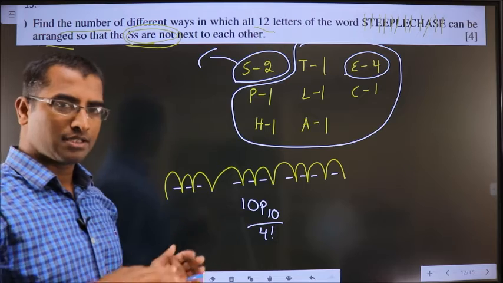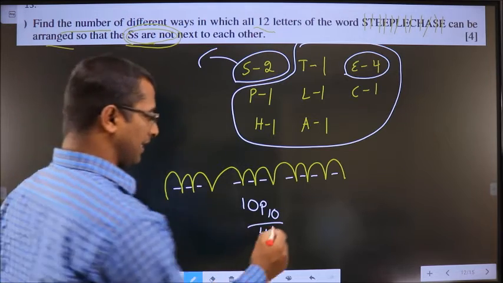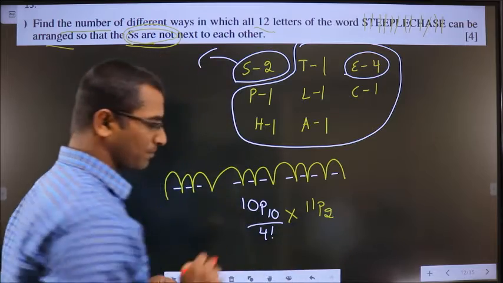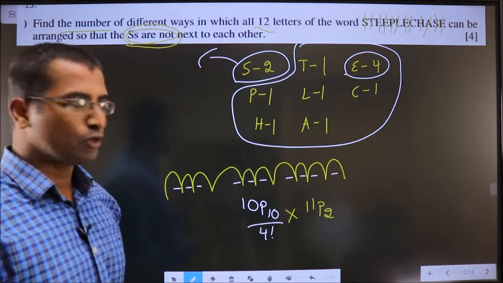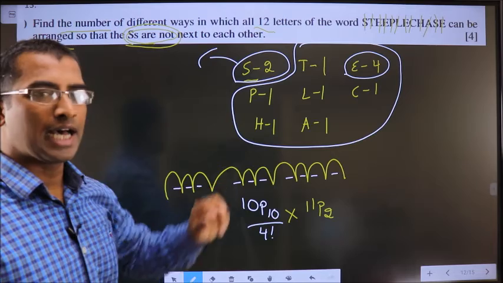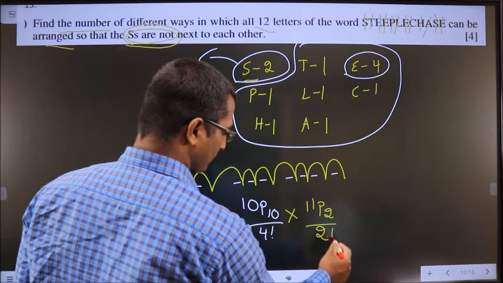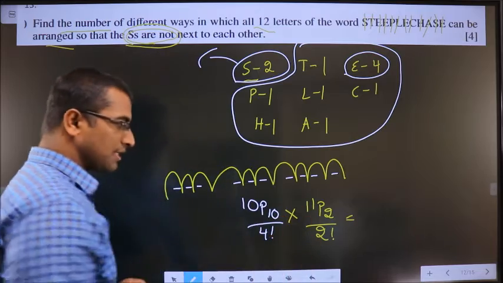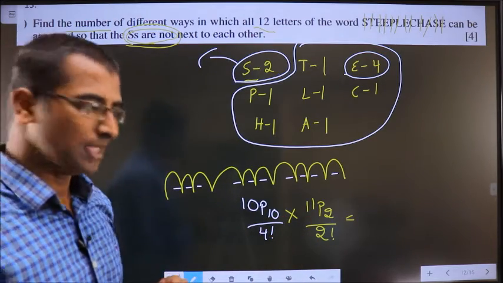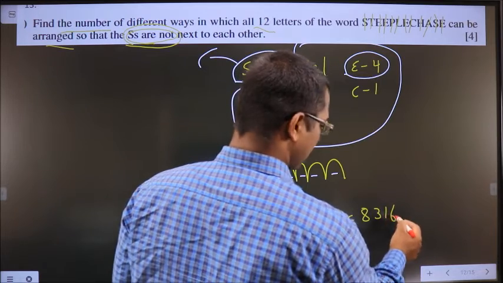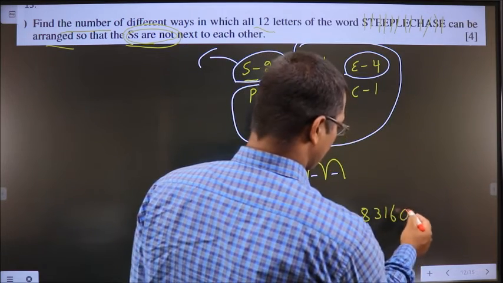So 11 places, 2 S's can be arranged in 11P2 ways. And more, these two S's are identical. So divide by 2 factorial. If you put this in the calculator, you get the answer to be 8316000.